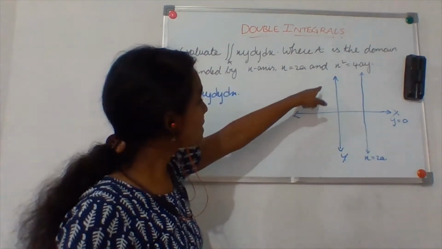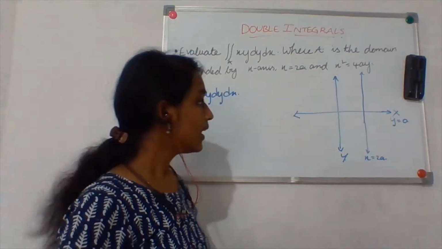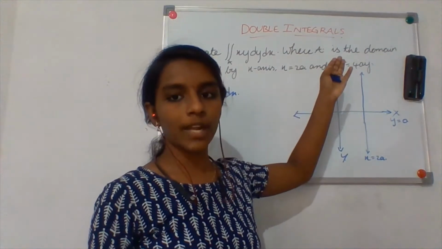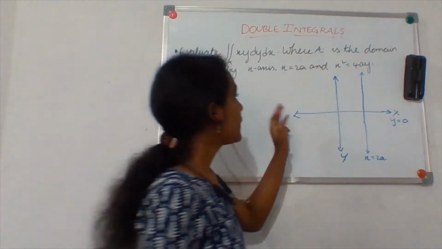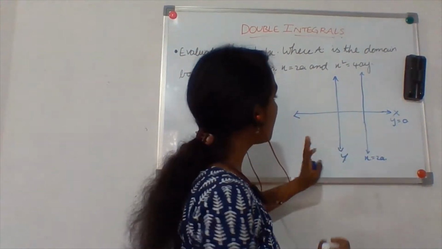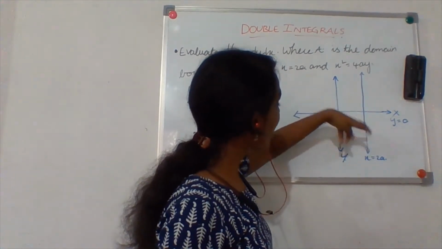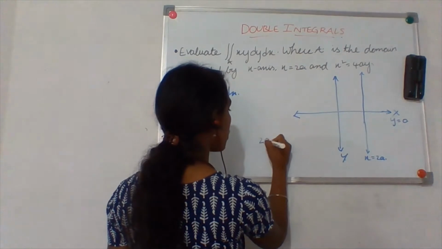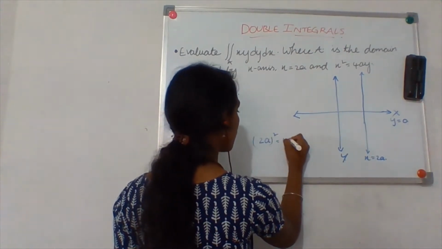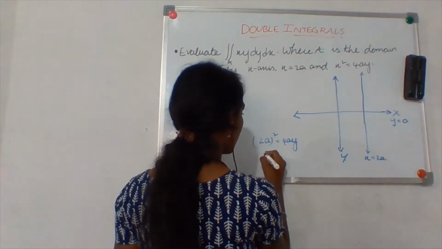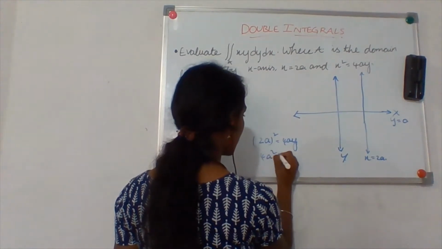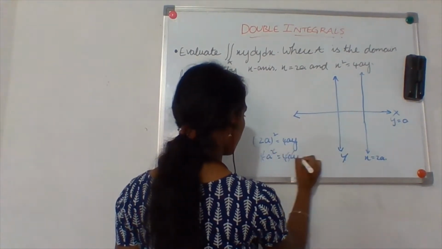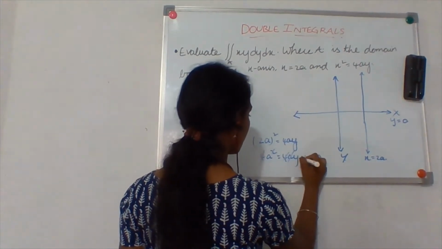And the next curve is x square equals 4ay, and x square equals 4ay is a parabola, as you can see, and that parabola cuts this line also. And where does it cut? We'll just look at it. x equals 2a, right? So (2a) square equals 4ay, and 4a square equals 4ay. So y equals a, right?